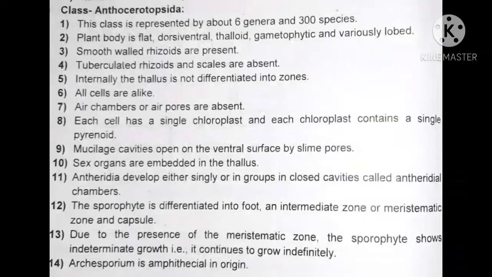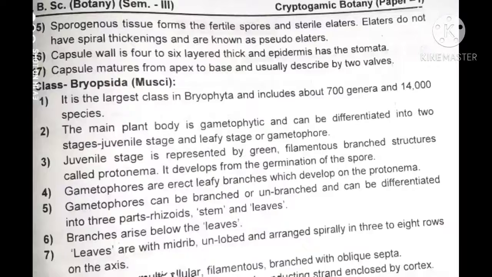This class is called Anthoceratopsida because the sporophyte grows on the dorsal surface, and its shape is like the horn of a bull or ox, and that's why this class has been given the name Anthoceratopsida.